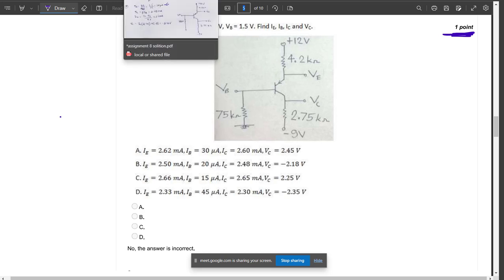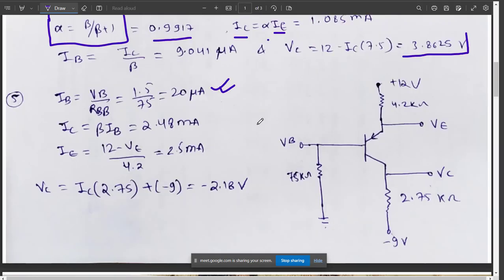Is there any other way? How did you solve for IC?